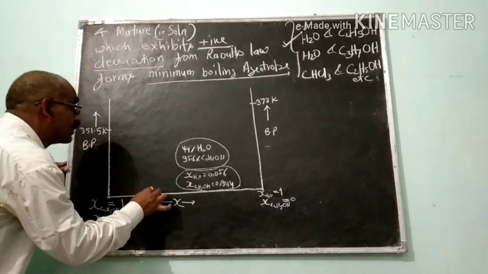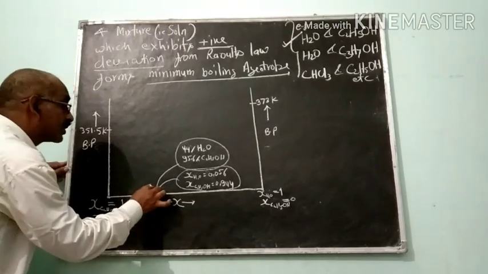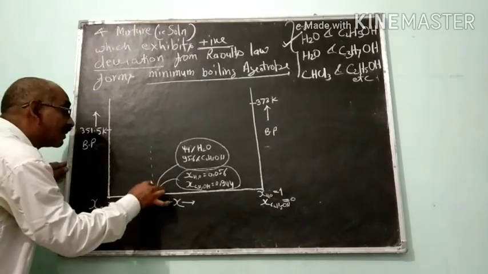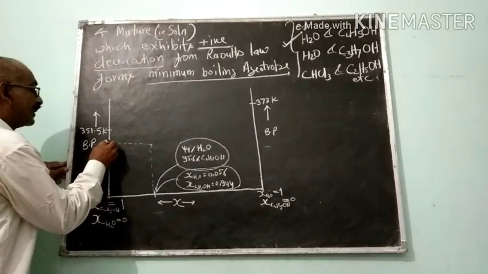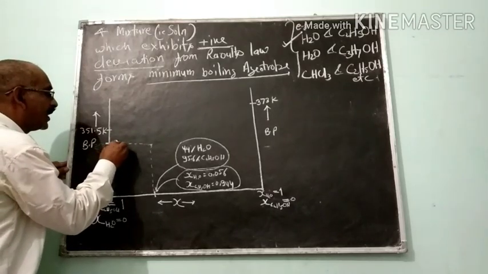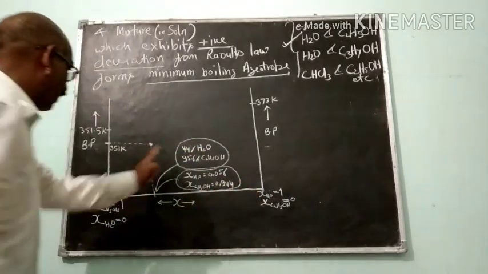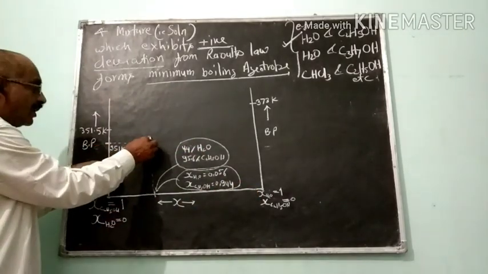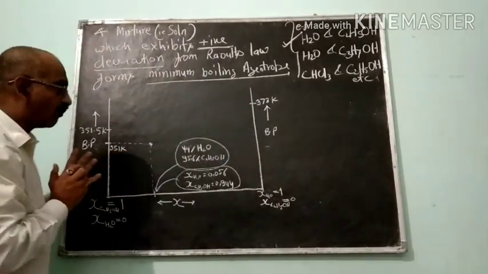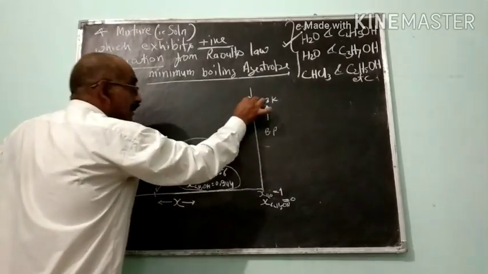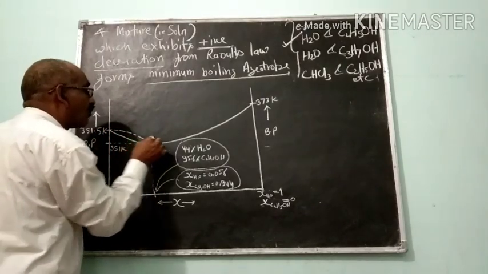This composition is lying here. So this composition boils at a temperature, and here the temperature is 351 Kelvin. See, a certain composition of this mixture boils at temperature 351, which is lower than the boiling point of ethanol as well as the boiling point of water.